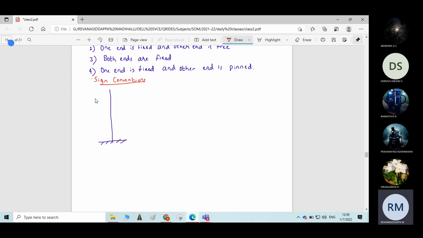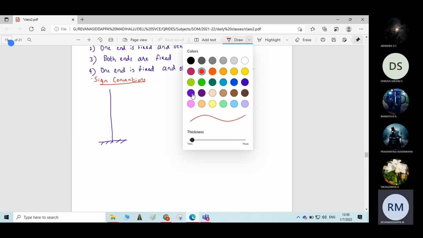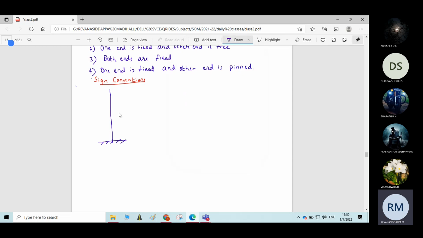Assume a column of length L. If the column bends in a convex shape towards the center line of the column, then the sign convention to be used is positive.